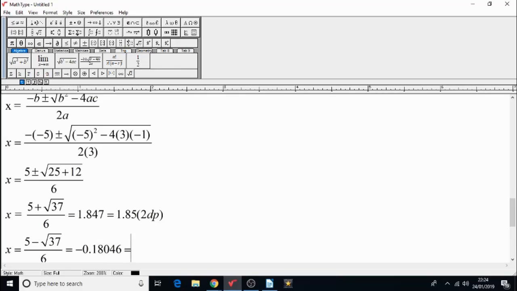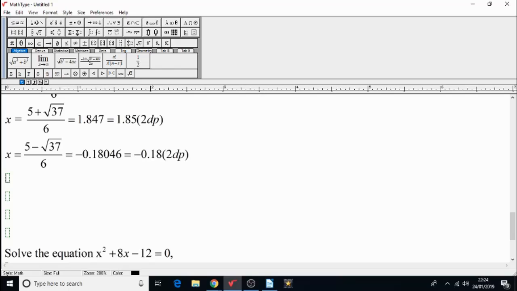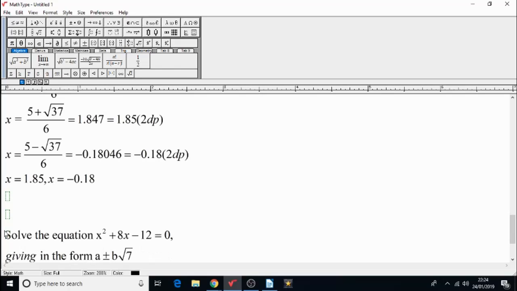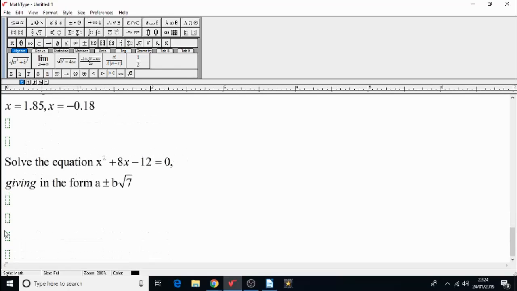Put that to 2 decimal places as well. So minus 0.18. Just put in brackets 2 dp. So there you've worked out your solutions. You solved the equation using the quadratic formula. So x is equal to 1.85 and x is equal to minus 0.18. And there's your answer. Let's move on to the final question.